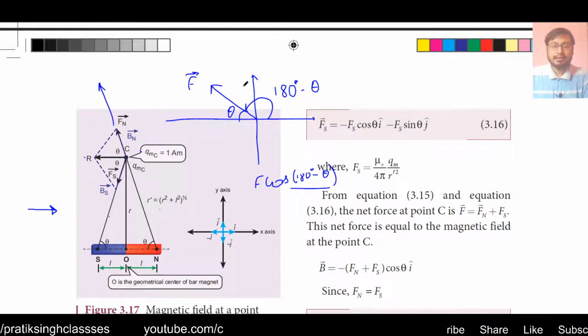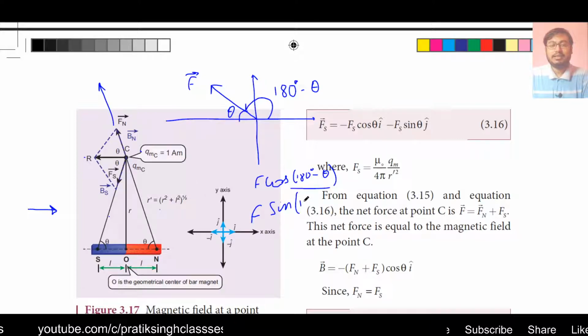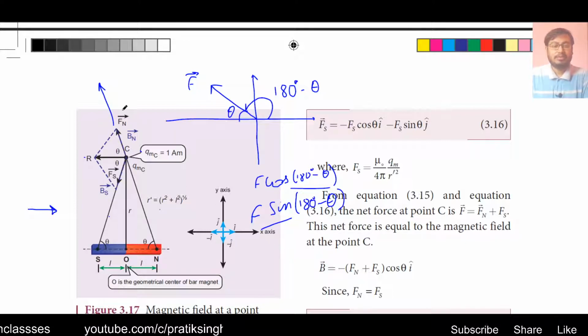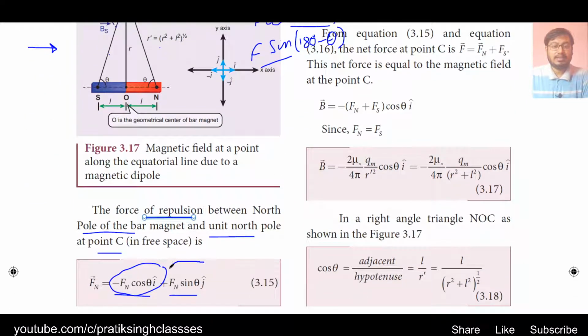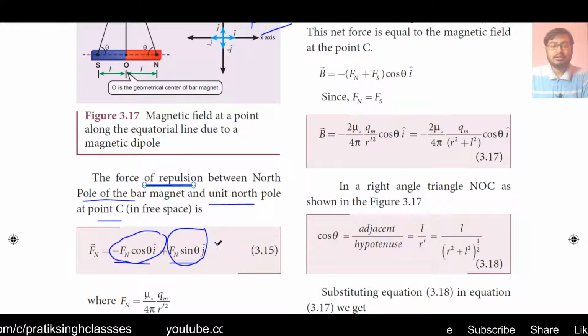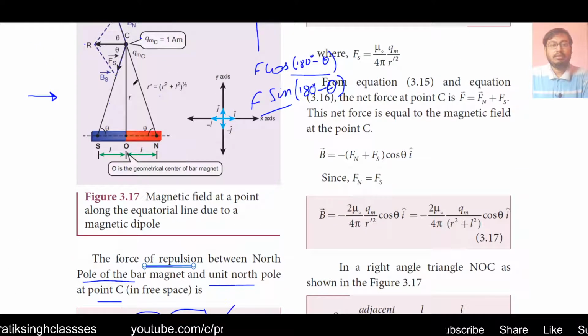Then its y component will become F sin of 180 degree minus theta, and we know very well that sin of 180 degree minus theta is equal to sin theta, because this will lie in the second quadrant, and in the second quadrant sin theta is positive. So here, because this force is Fn, its y component will become Fn sin theta j cap, as given here, in the y axis direction. So this is the total force acting on C because of the north pole of the bar magnet.